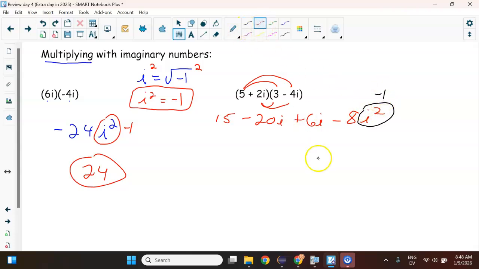So in the back there, we're going to have a +8. We're going to have negative times negative. And then in the middle, you can combine those. -20 plus 6 is -14i. And then the final step is 15 and 8 are just regular numbers. You can combine them to 23. So we get 23 minus 14i as our final answer there. Sorry for the bad handwriting.